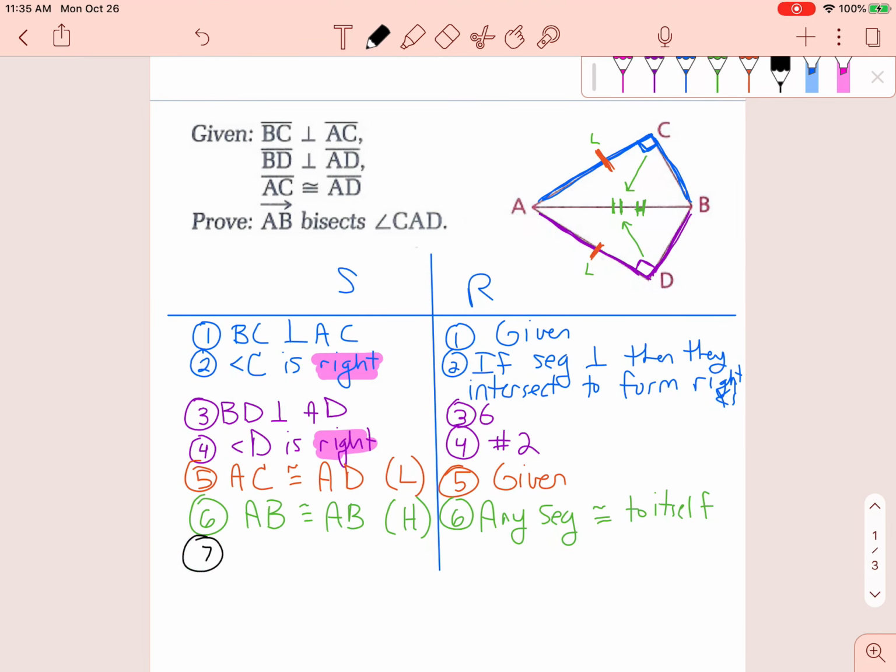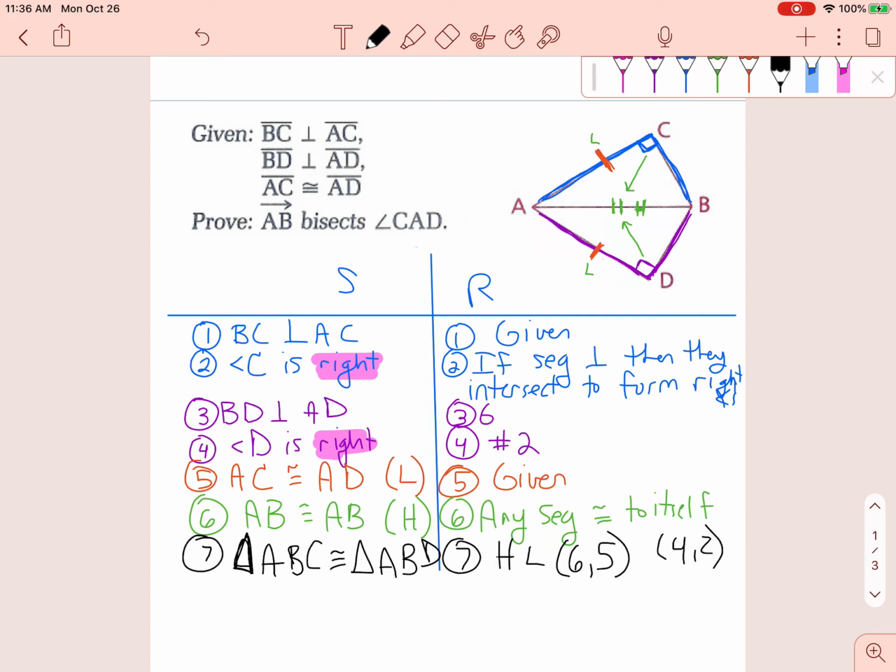So I have enough information now to say that triangle ABC is congruent to triangle ABD, and that is by hypotenuse leg. In step 6 and 5, and I said that they were right angles in step 4 and 2. Okay, so it's hypotenuse leg in 6 and 5, and I stated that they were right in step 4 and 2.